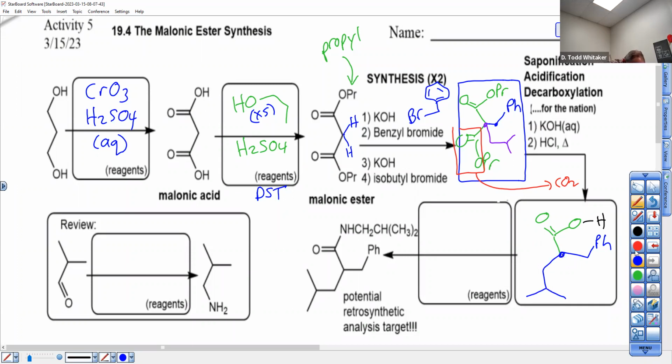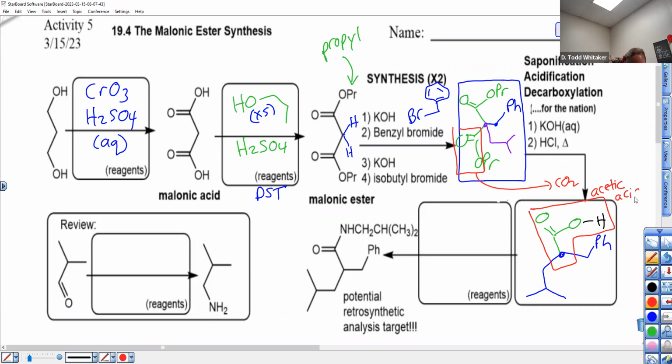And this is how you know. In this box is acetic acid. So when you do a retro on this, you would see that in your target, there was acetic acid.